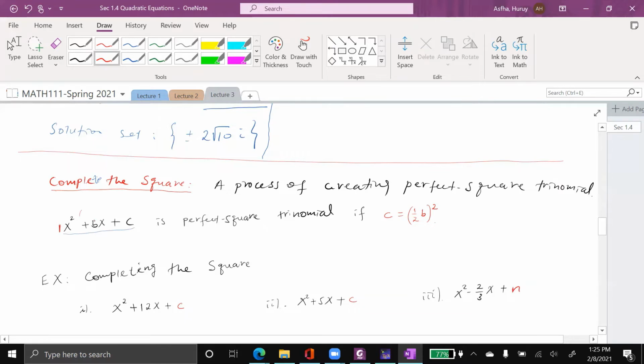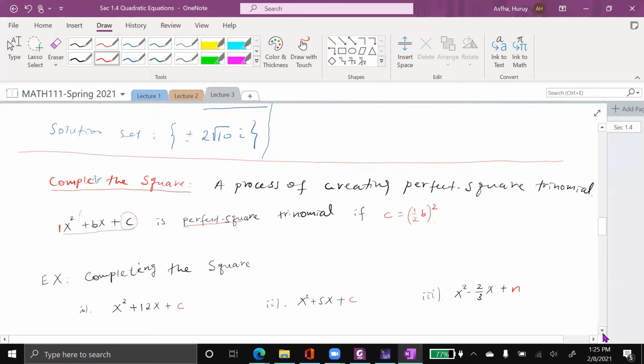All right, so assuming the coefficient of x squared is 1, then we have here b times x and plus c. Now, in order to call it a perfect square trinomial, c has to be half of b, squared. If that's the case, then this is a perfect square trinomial.